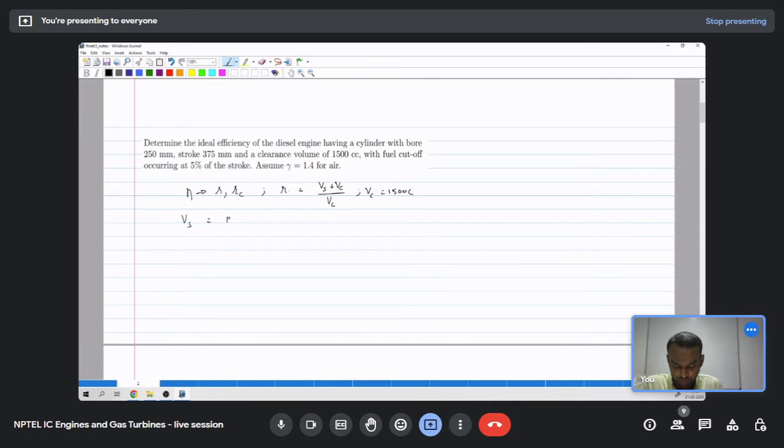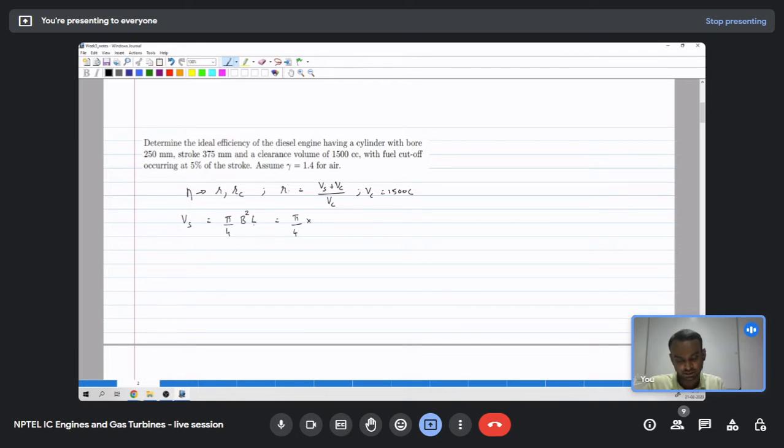The stroke volume can be computed as the volume of the cylinder, which is pi r squared, or pi by 4 b squared into stroke, or I will write L. So we have pi by 4.